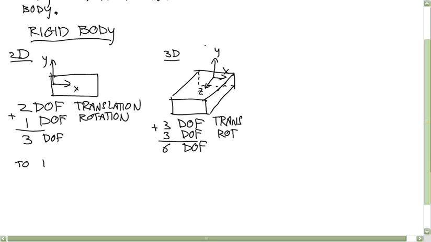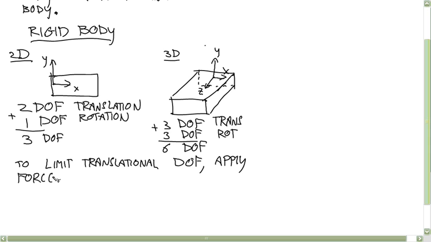To limit translational degrees of freedom, in either case, you have to apply a force, a component of a force, along that chosen axis.